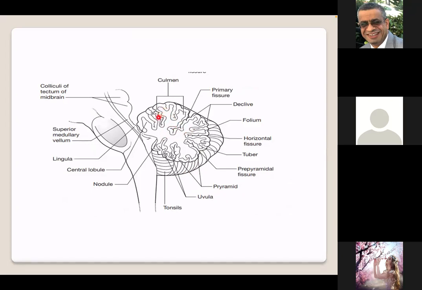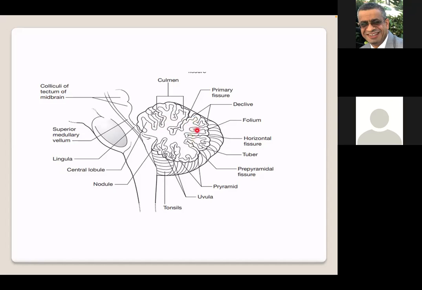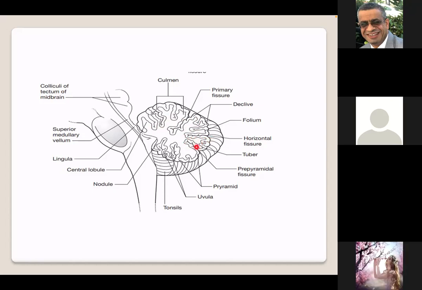The anterior lobe is subdivided into the culmen and central lobule, and the posterior lobe is subdivided into declive, folium, and then the horizontal fissure, then tuber, prepyramidal fissure, pyramid, and uvula, and the most inferior part, which is the tonsils.